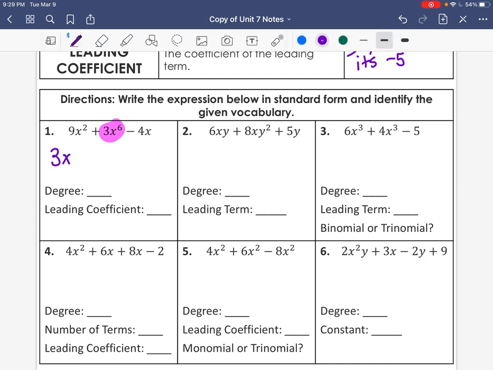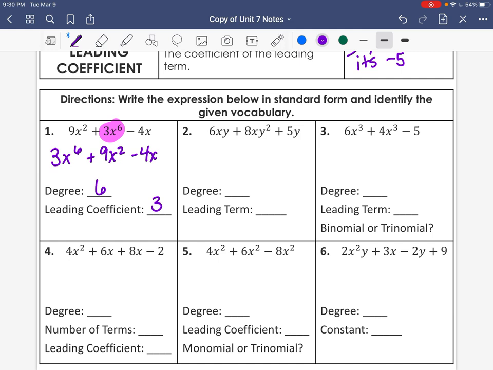So it's going to be 3x to the 6th power. Then you look for what is the next biggest exponent, and it is going to be 2. So 9x squared gets to go next. And then minus 4x just has a 1. Remember that we don't write it, so it has to go last. So then you're going to look for the biggest exponent to answer what is the degree. The degree is 6 because the biggest exponent is 6. And the leading coefficient is just that number out front, which is 3.